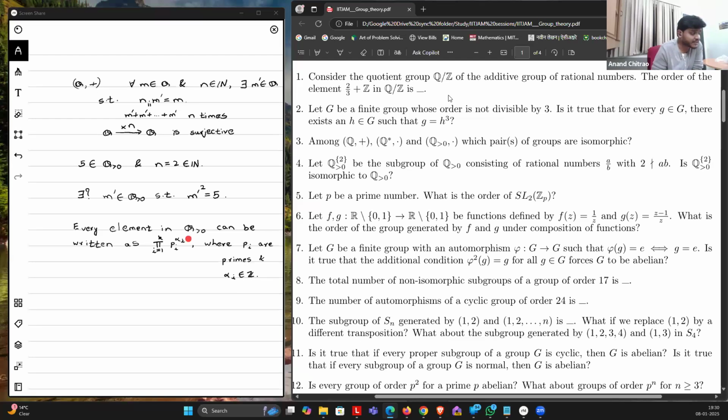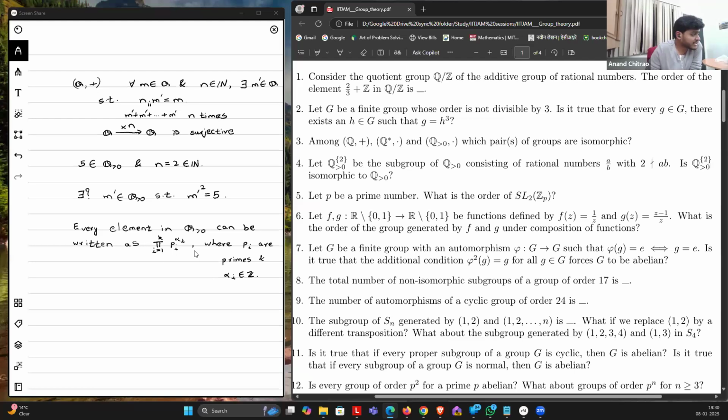If a group satisfies this property, then the group is called a free abelian group on these generators, all primes. So this is a free abelian group and that is a divisible group. They are somehow on the two opposite ends of a spectrum. Okay.